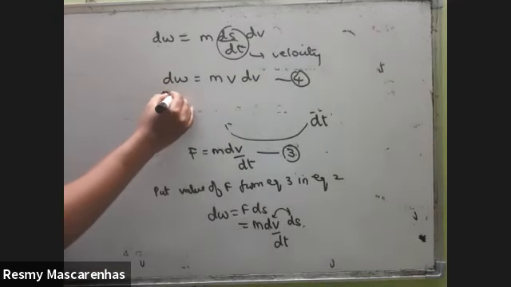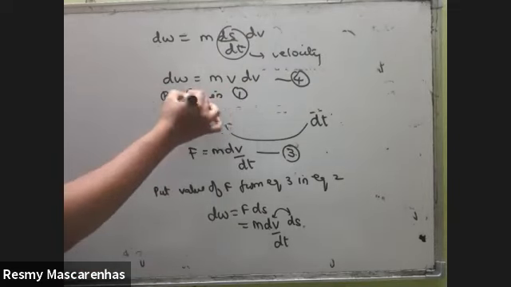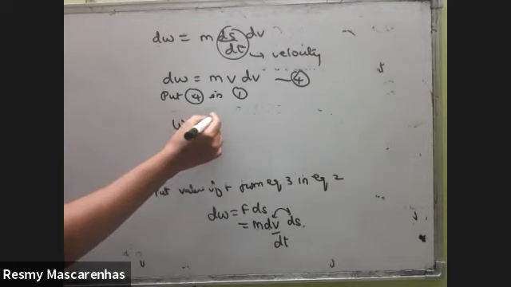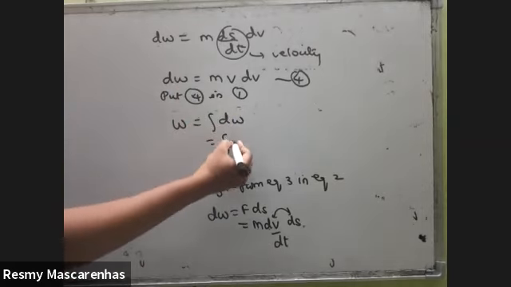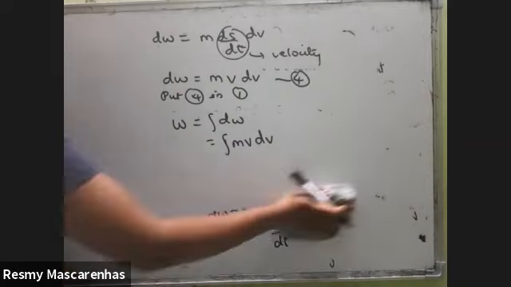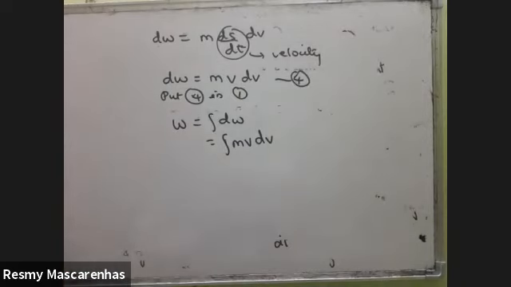And now finally, put 4 in equation 1, so substitute the value of dW. Work done is the integral of dW, so put all this here: integral of m v dv, and this is power 1.